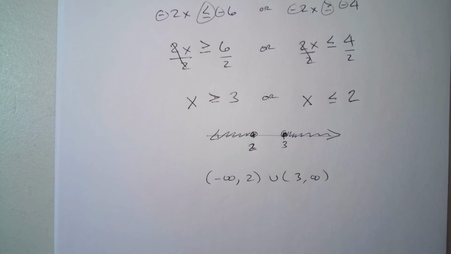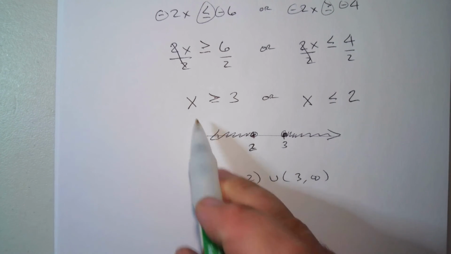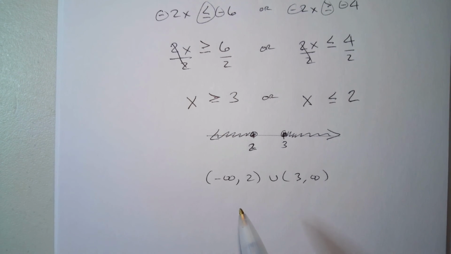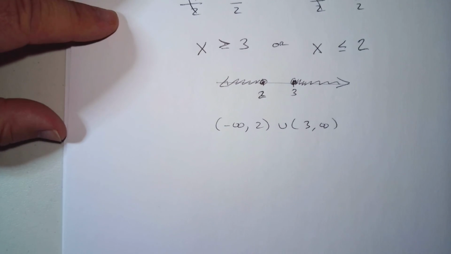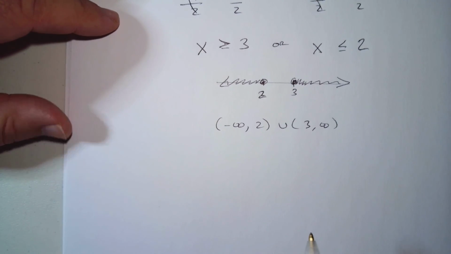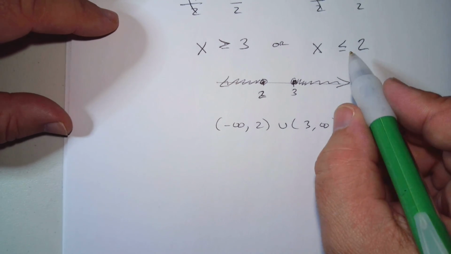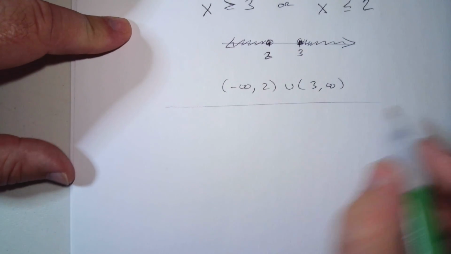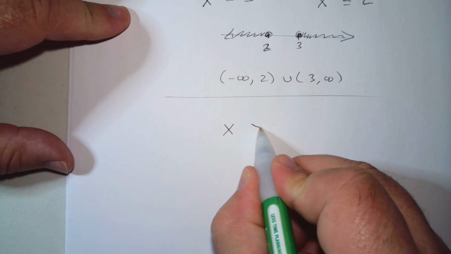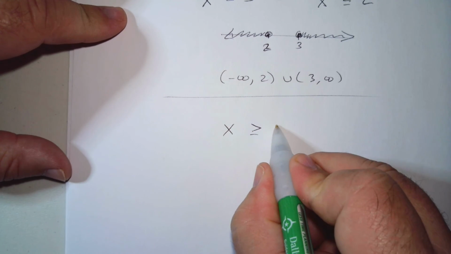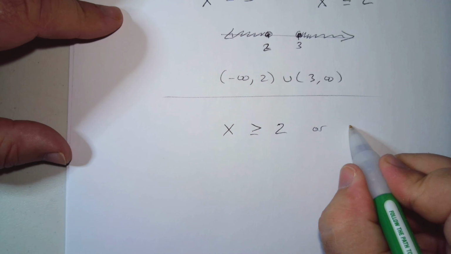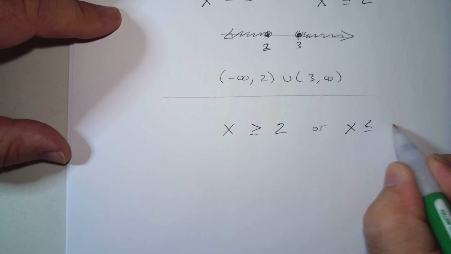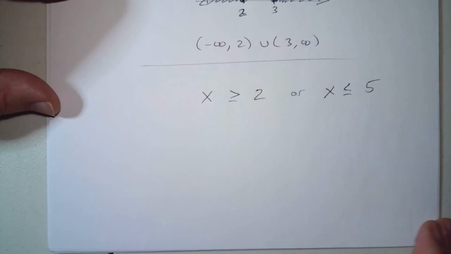So, okay, whenever you get these answers, always check to see what it looks like, because it is possible to sometimes say x is greater than or equal to 2, or x is less than or equal to 5.